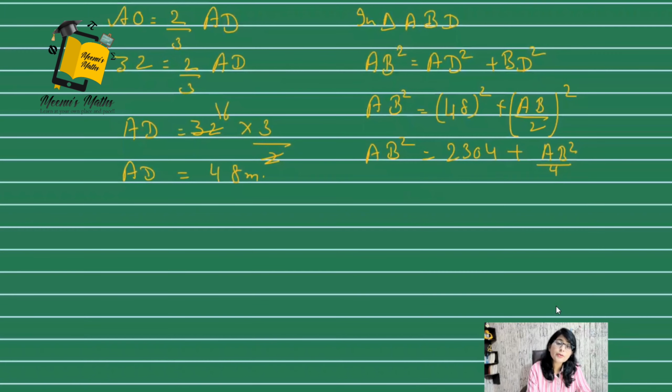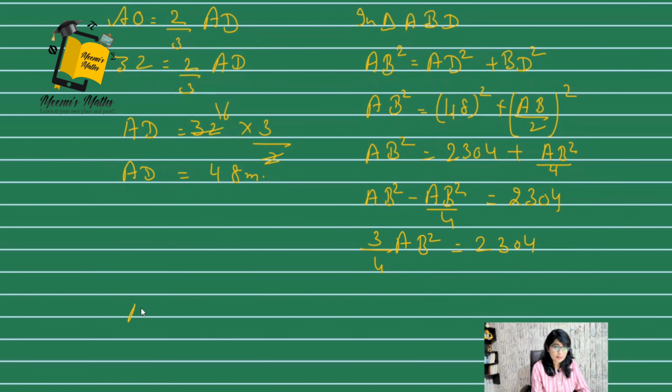From here, we are going to solve the value of AB. AB means the side of that equilateral triangle. Because here this is our main aim. After that, we can do it quite simply. What am I doing? AB square by 4 comes to the left hand side. This is now 3 by 4. AB square is equal to 2304.